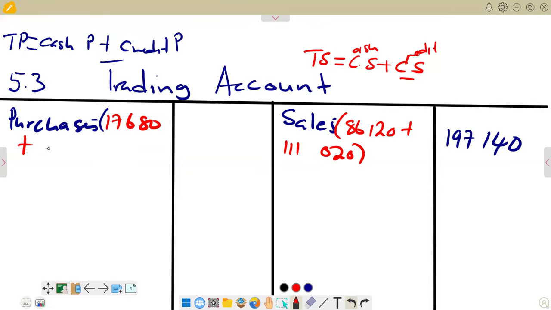Then we add the figure for credit purchases, which is 20,120. Then the total that we're supposed to get is 37,800.